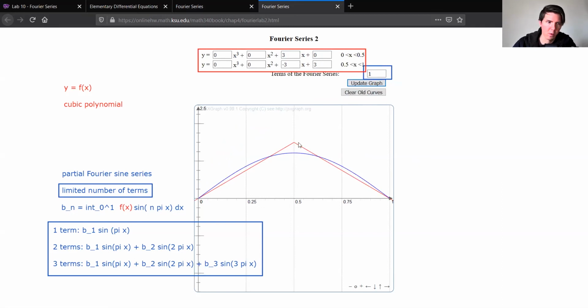So like the corner you explored in Calc 1. Or even just as I showed here, you could have a break. You could just say it's going to be 2, and then it's going to jump down to this function. And what's interesting is to explore what happens with the Fourier series when your function is no longer a cubic polynomial, or I should say a piecewise defined cubic polynomial, maybe.